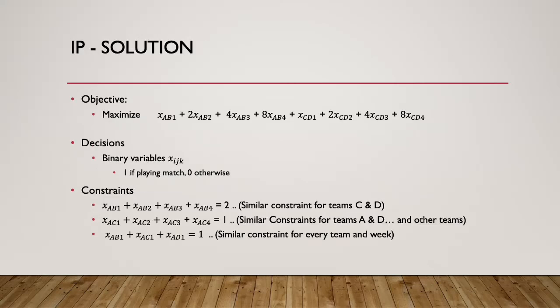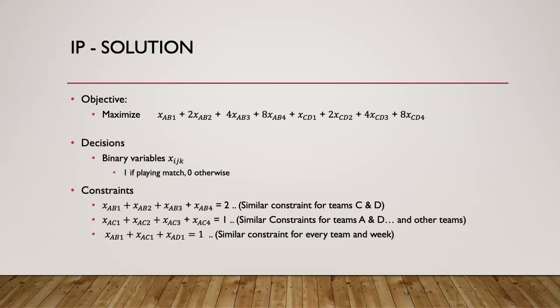So we apply these constraints in an IP formulation. The formula for the decision variable: binary variable x_ij is 1 if the match is played, and 0 otherwise.